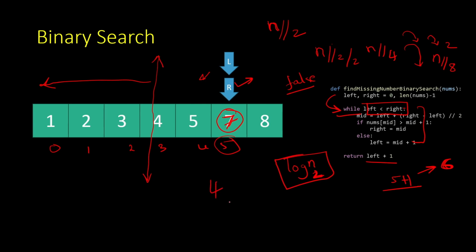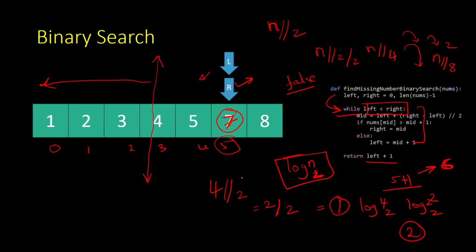assume initially there are 4 elements. Then we are going to deal with how many elements? 4 by 2, that is 2. Again, to get to one element, we need to divide by 2, which gives 1. So to reach one element, how many times should we divide? It's log 4 base 2, which is log 2 square base 2, that is 2.